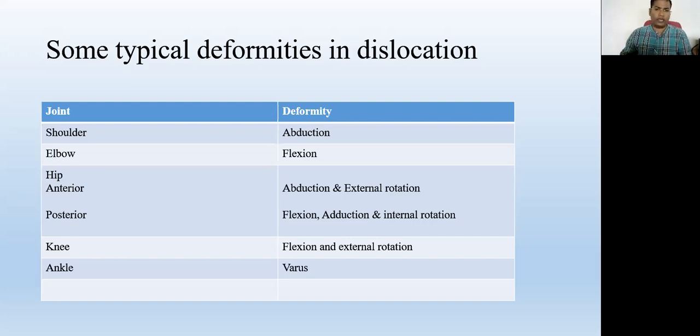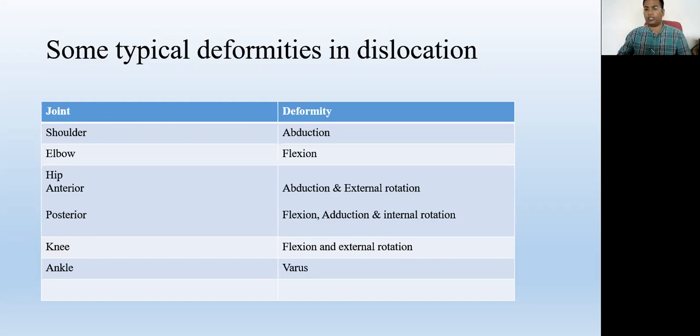We should always keep in mind these kinds of deformity, because when a patient comes with this kind of dislocation, the patient always presents with this type of deformity. That's why observation of the patient's gait, condition and position is very important before treating the patient.